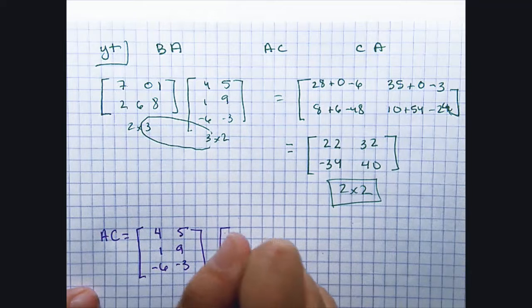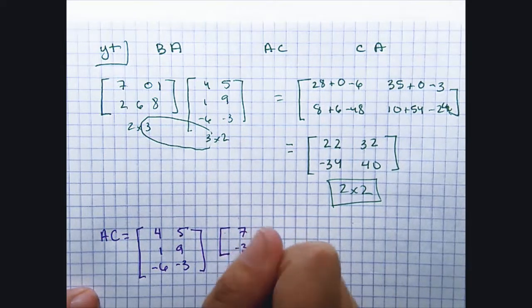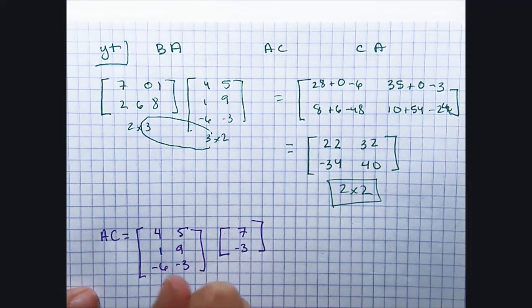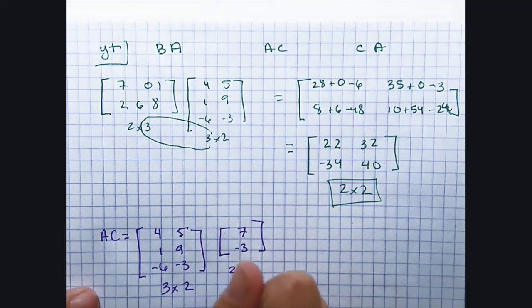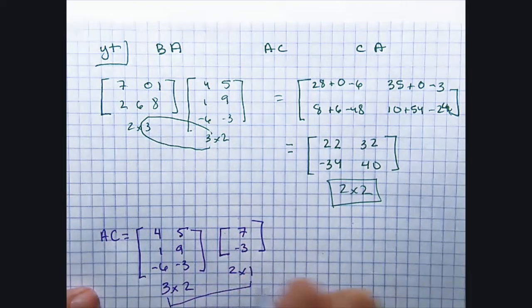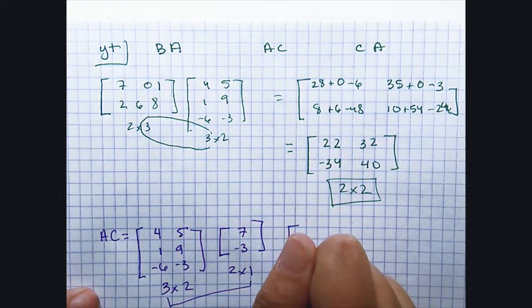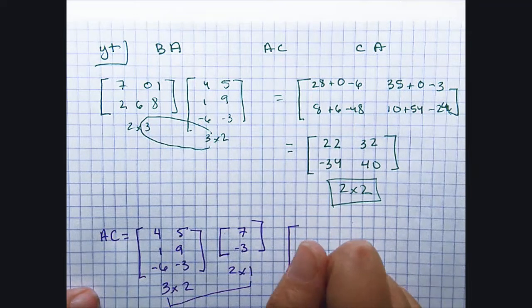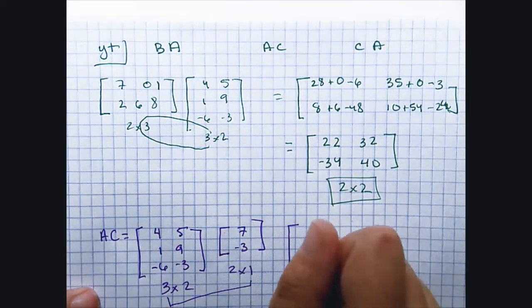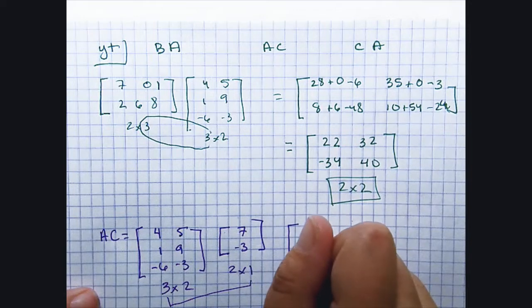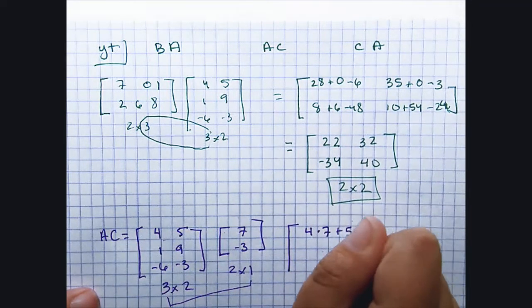So AC, 4 5, 1 9, negative 6 negative 3 times 7, negative 3. This is a 3 by 2. This is a 2 by 1, so my answer will be a 3 by 1. So what that means is row 1 into column 1 will be 4 times 7 plus 5 times negative 3.